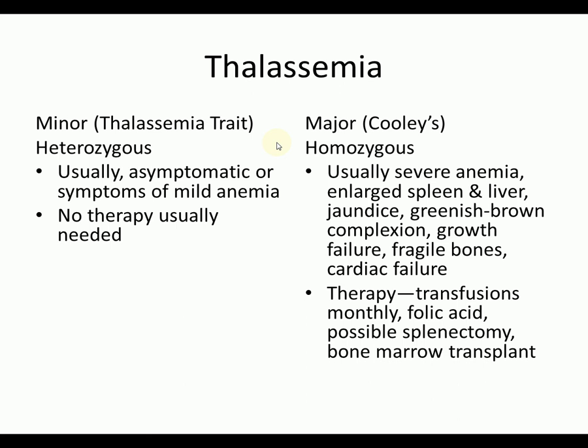In beta thalassemia, there is a partial or complete deficiency of the synthesis of the beta chain on the hemoglobin molecule, which results in defective hemoglobin formation. It is very unstable and it disintegrates. It damages the red blood cell and causes that severe anemia.